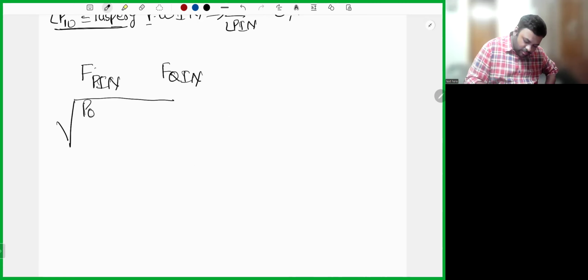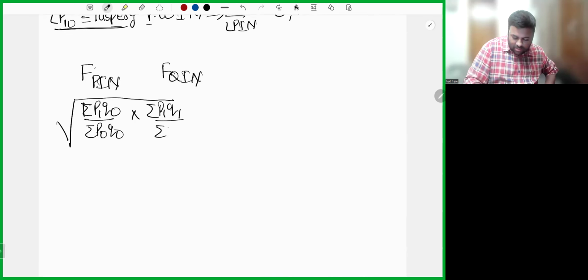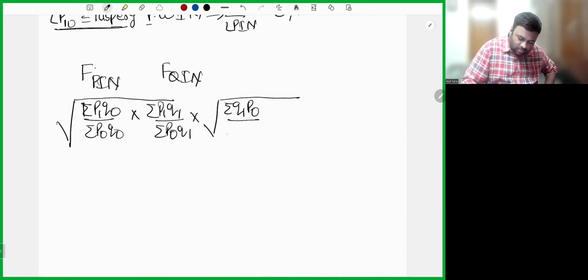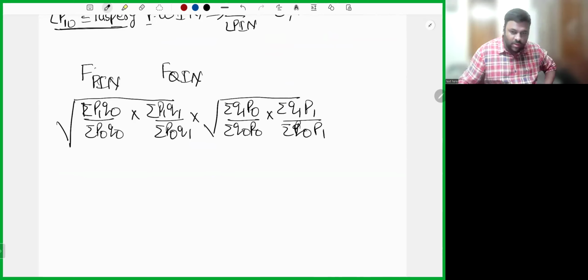Root of summation of P1Q0 divided by summation of P0Q0 into summation of P1Q1 whole divided by summation of P0Q1. Fisher's quantity: summation of Q1P0 by summation of Q0P0 into summation of Q1P1 whole divided by summation of Q0P1.